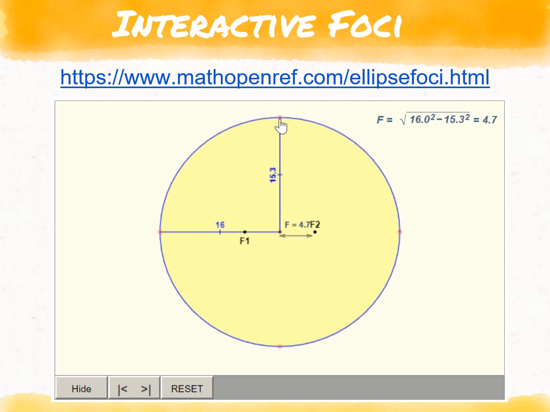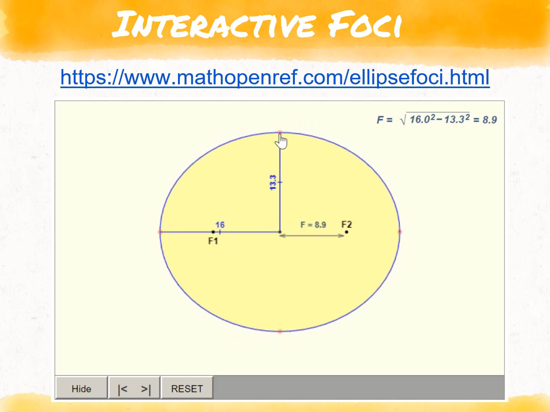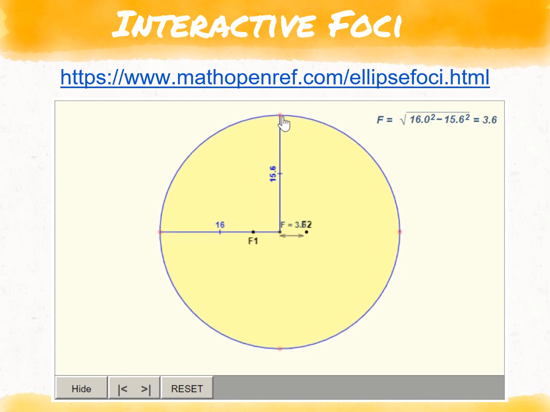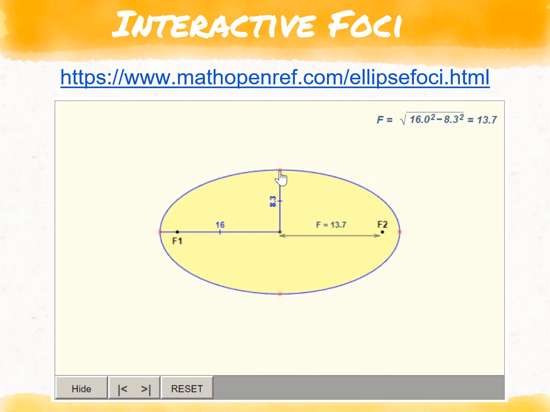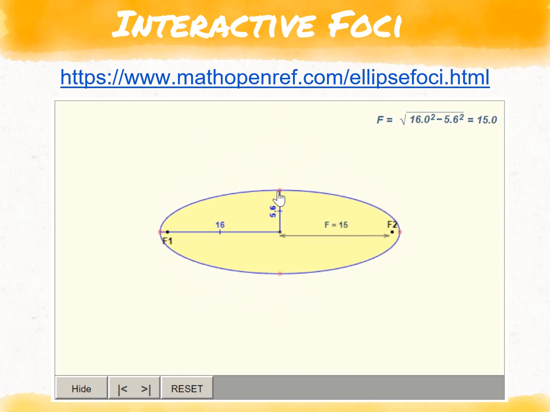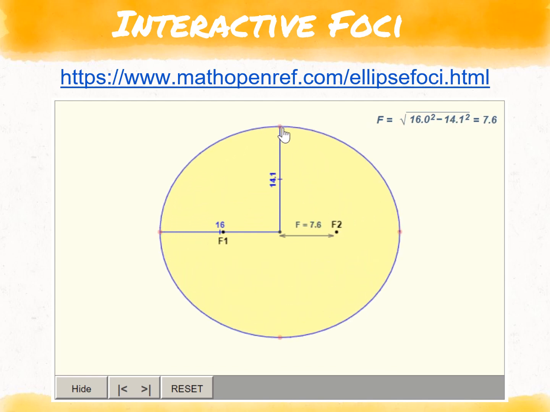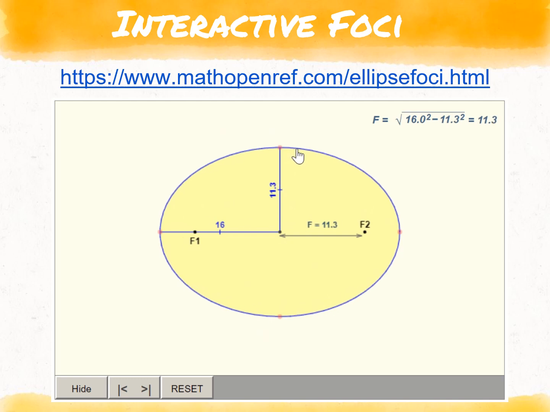The moment I start creating a major and minor axis, look at that F1, F2. See how the wider the ellipse, the closer the focus is to the center. The skinnier the ellipse, the closer the focus gets to the vertex. And so it's just a neat interactive to kind of show that relationship. So consider bookmarking it and using it.